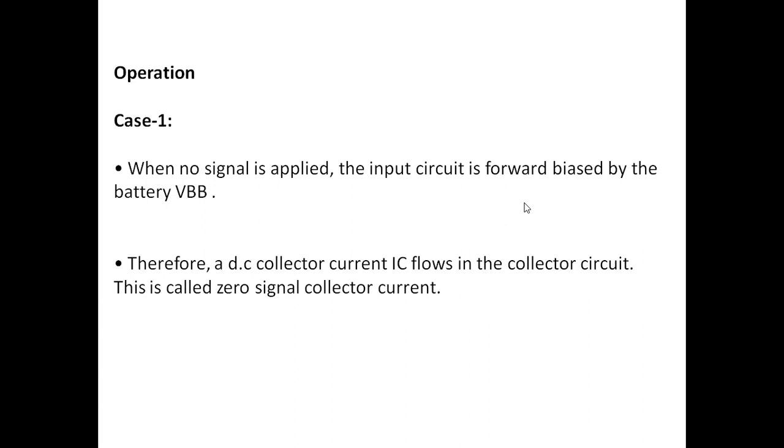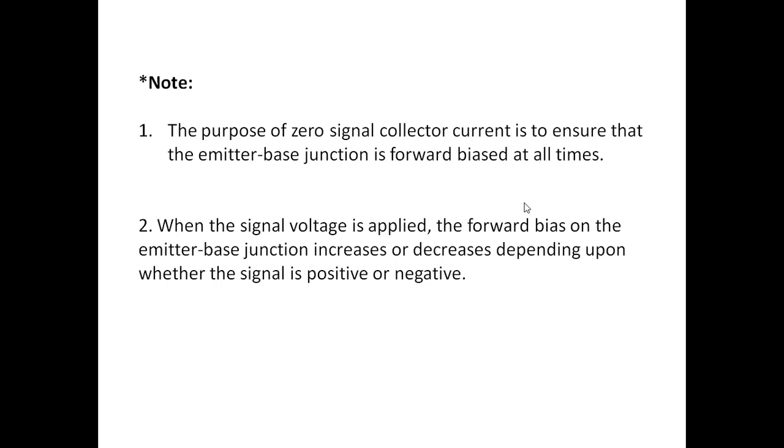That DC collector current without applying any input signal is called zero signal collector current, which is represented by capital I suffix capital C. The purpose of zero signal collector current is to ensure that the emitter base junction is forward biased at all times.